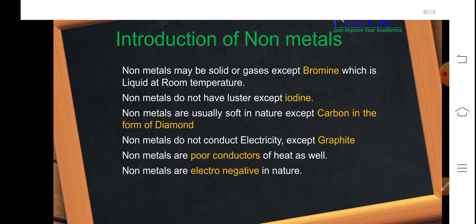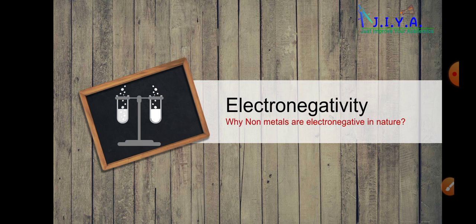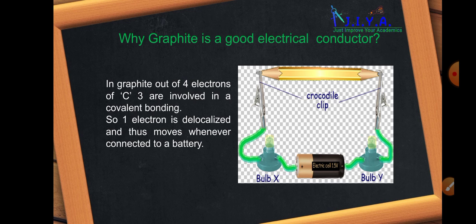So let us first learn why graphite conducts electricity, or how graphite can conduct electricity. If we look at the structure of graphite, graphite is an allotrope of carbon, and we know that carbon is tetravalent in nature. That is, it has 4 valence electrons. In graphite, out of 4 electrons of carbon, 3 are involved in covalent bonding, so they are packed. But one electron is delocalized, and thus this electron moves whenever connected to a battery.